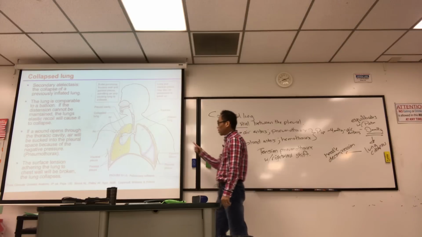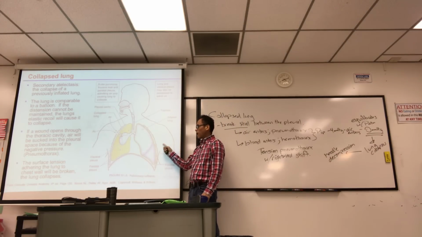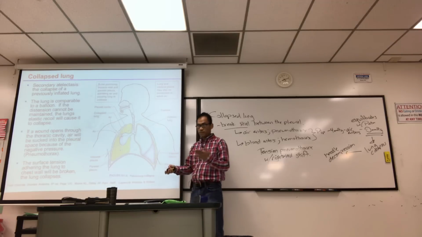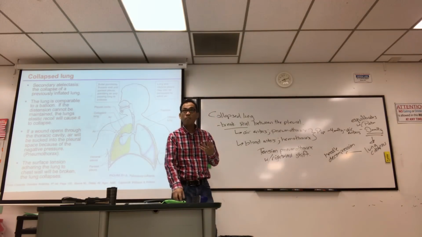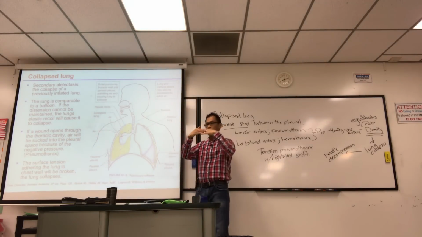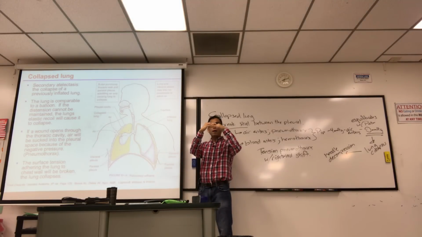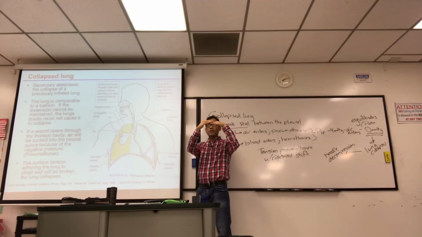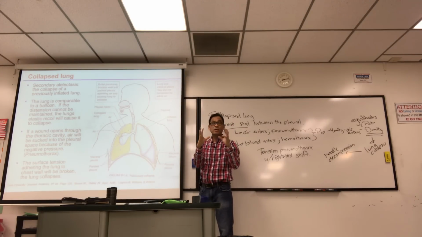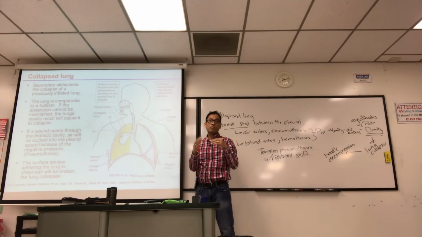Say for example on this side, you have an injury to the pleura and it creates a flap that acts like a valve, a one-way flap. Because as you continue to breathe with this injury, the flap can open. And every time you breathe in and the flap opens, you allow air in. But then as you breathe out, the flap closes and the air cannot escape. So that's going to continually build tension over a very short period of time.